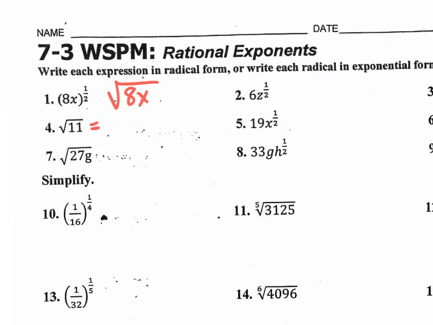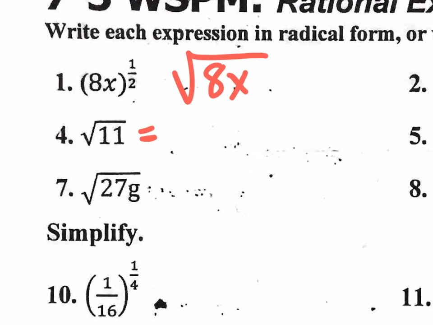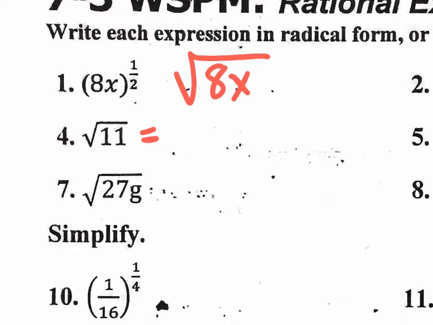So if I wanted to rewrite number 4 as an exponent, that would be the number 11 to what power? To the power of 1/2, because that's the square root right here on number 4. Could put a little invisible 2 if you want, but that's the power of 1/2. Make sense? So all we're doing is rewriting from radical to rational exponent, or from exponential back to radical.